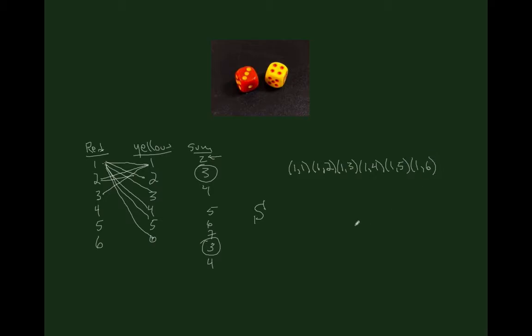Across this row, I've just listed all the possible rolls where the red roll would be a 1. Across this row, I've written all the possible outcomes where the roll on the red die is a 2.